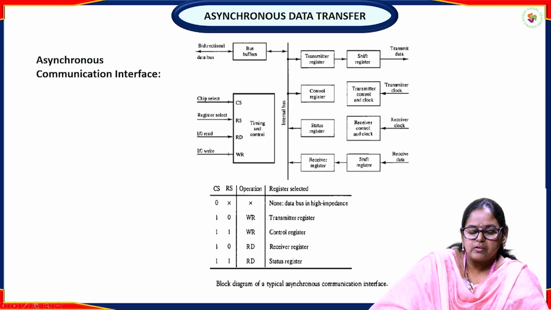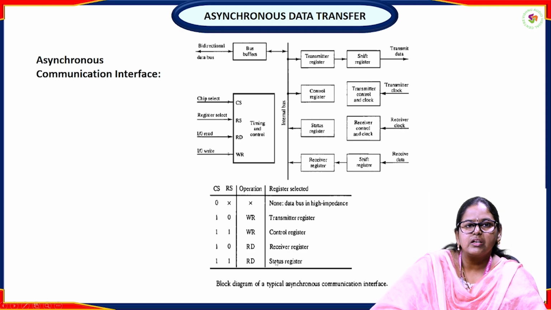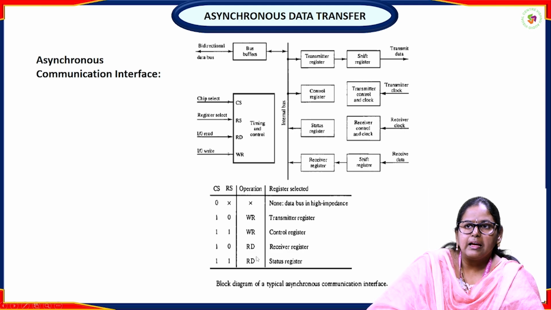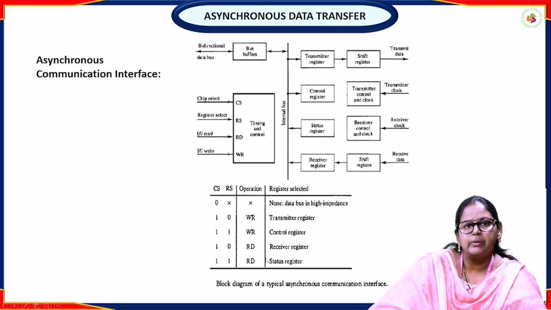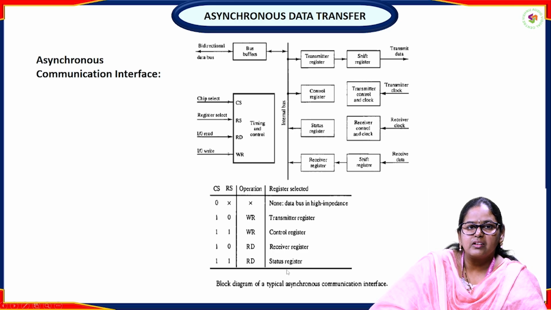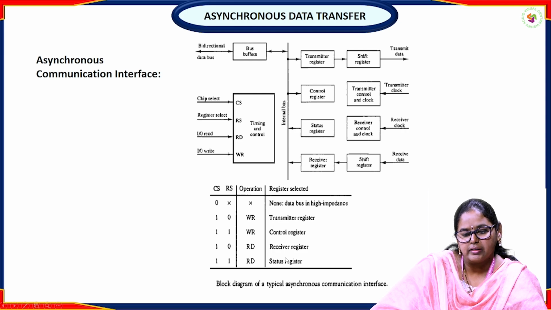The status register usually holds the status of the data transmission, like whether any errors occurred during the transmission. It will also have the flag values, like whether the transmitter register is empty or the receiver register is full. That information is also stored in the status register.